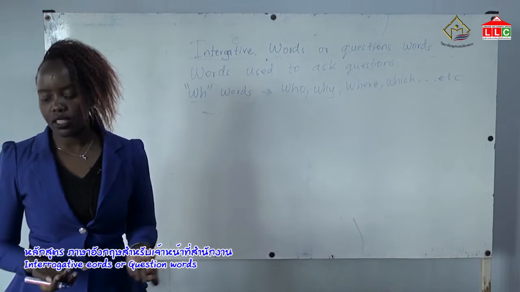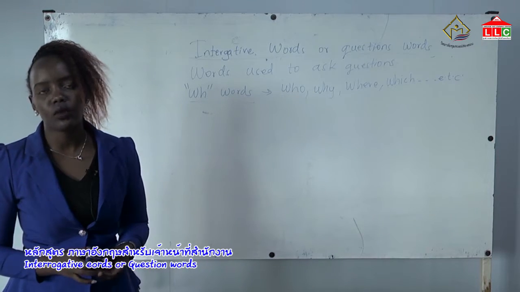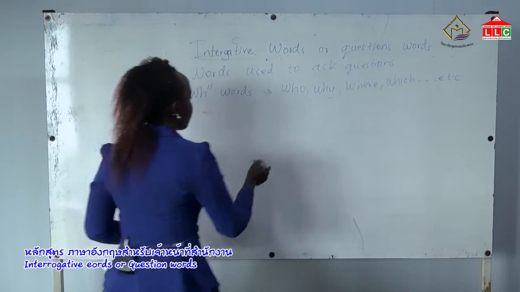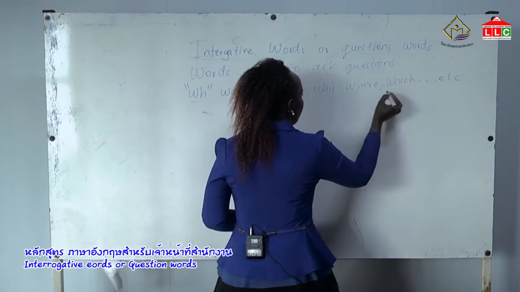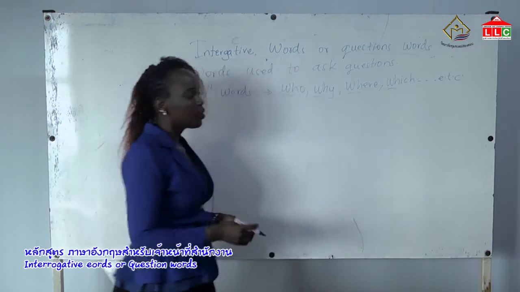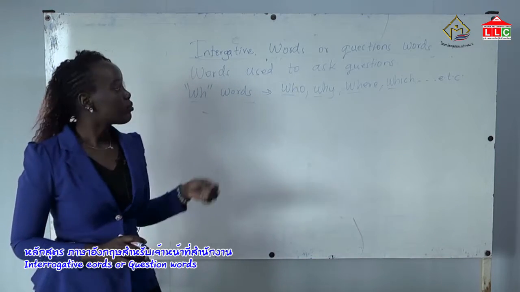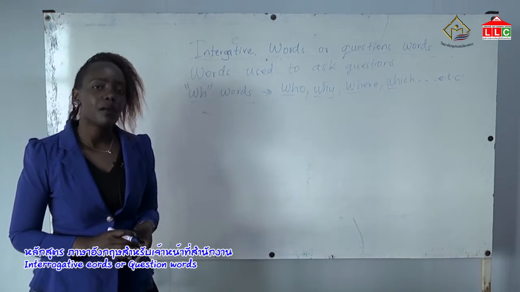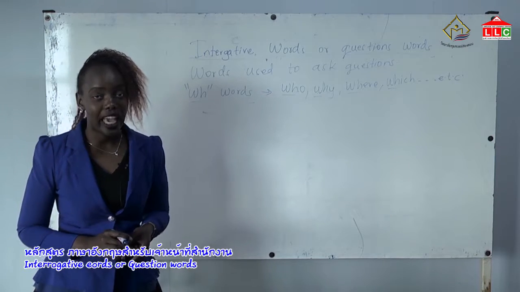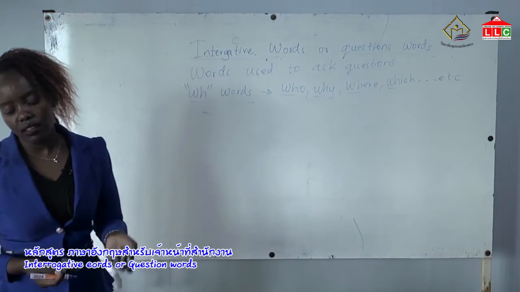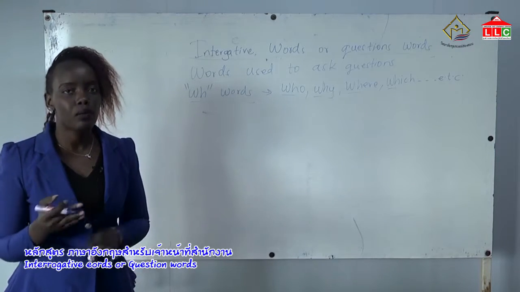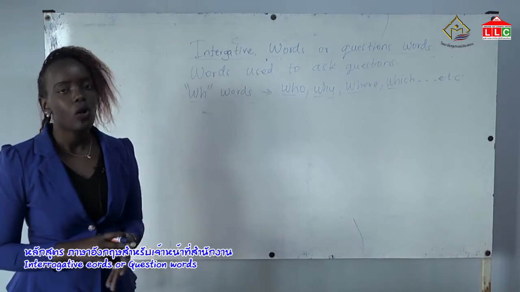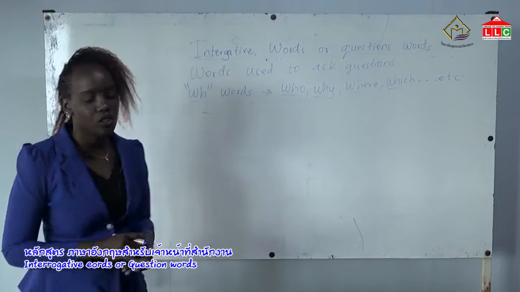They're also called WH words because they mostly start with WH. But not all words that start with WH are WH words, okay? So I'm going to teach you some others which do not start with WH but are also interrogative words, words for questions, okay?